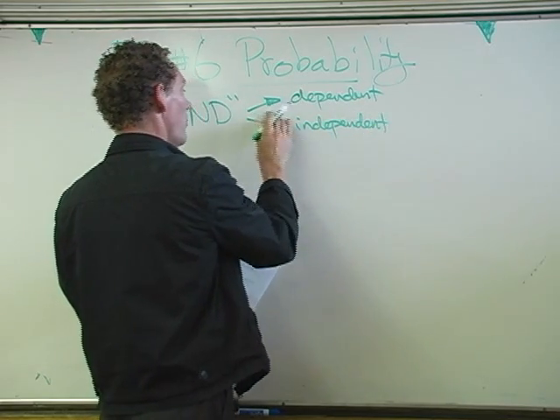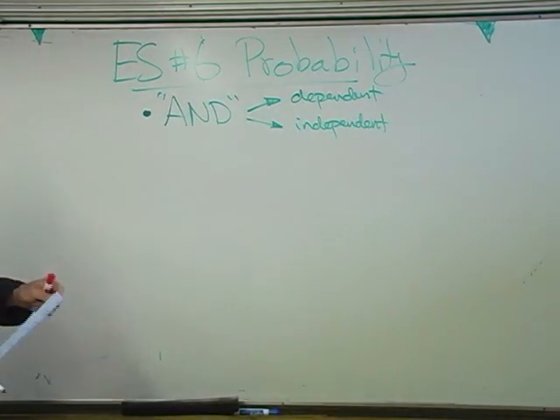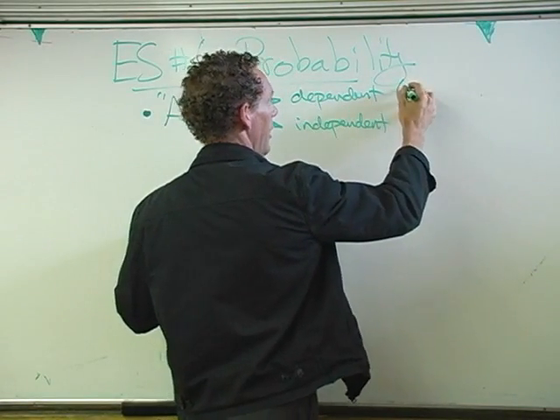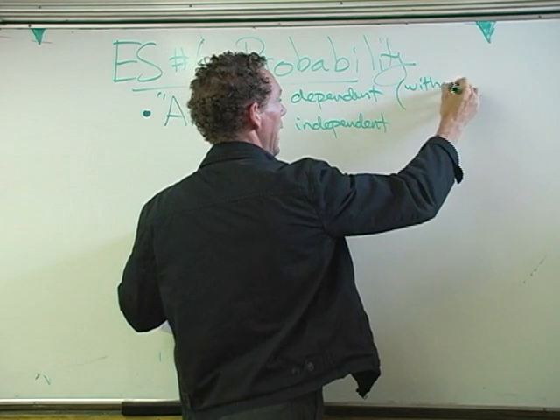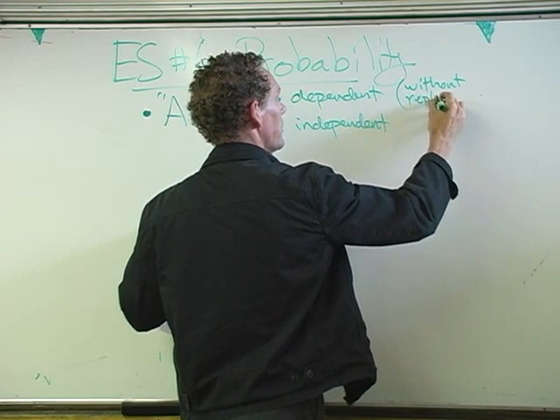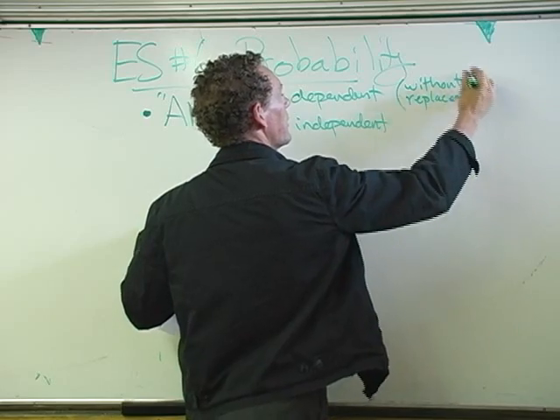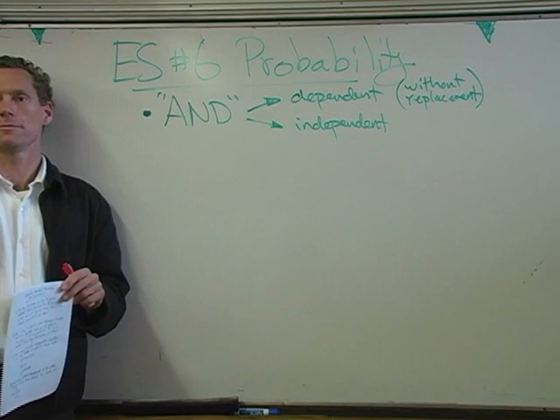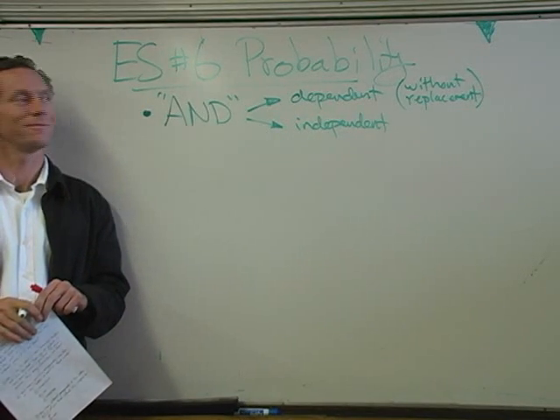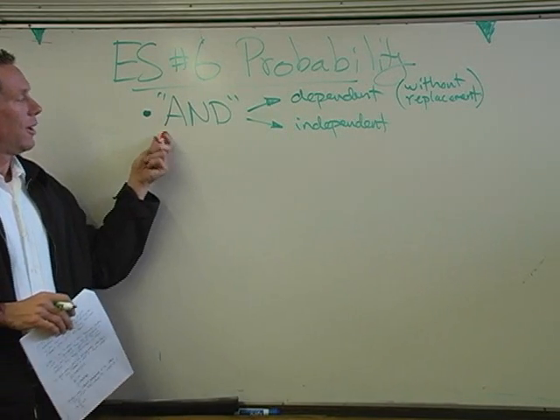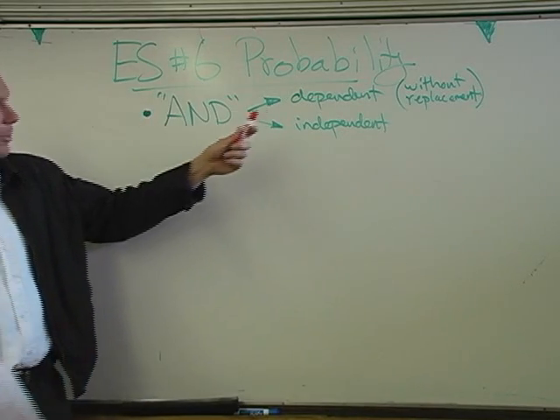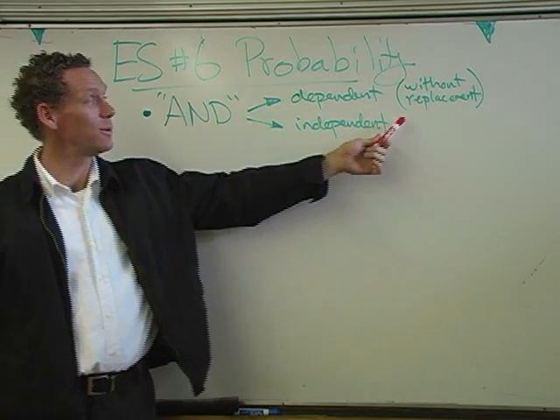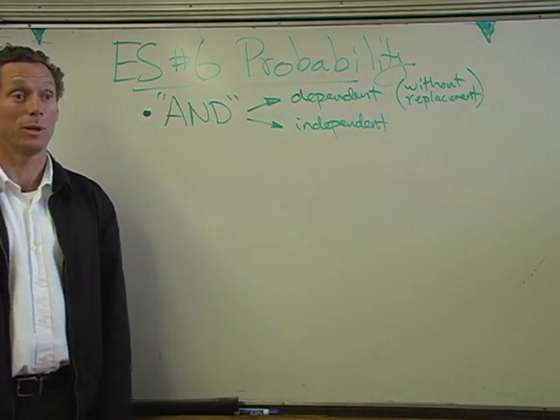And for dependent events, this is also sometimes described as without replacement. So for AND type probability, it can either be dependent or independent, and dependent events can also be described as without replacement.